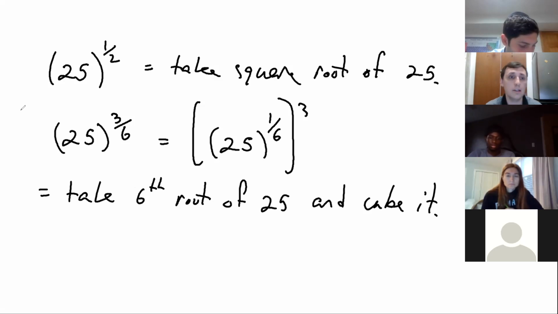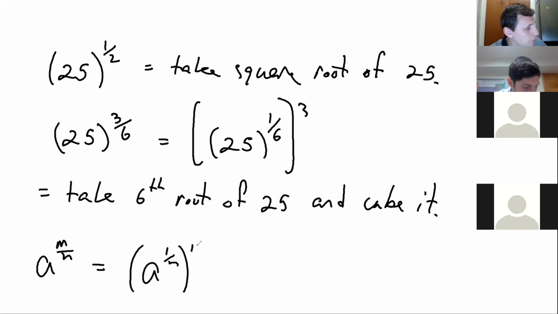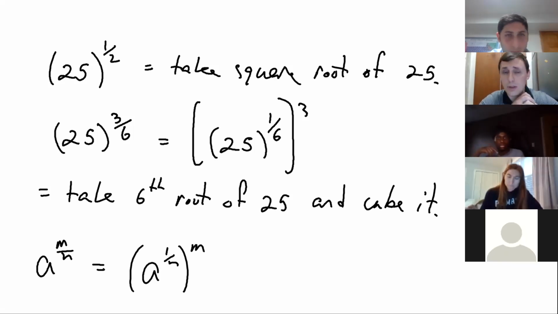If I define a to the power of m divided by n to be the nth root of a to the power of m, if that is my definition, then you can see that you can run into certain things that you have to verify, certain things that, if you think about them, cause problems.